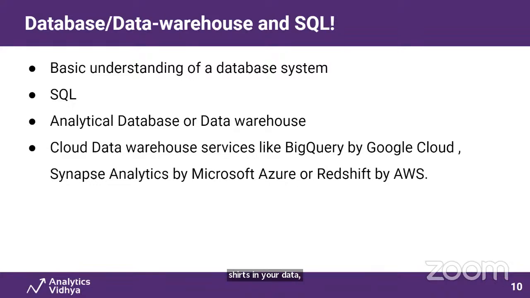You will sum up those two shirts and store them as one purchase order or one sale order, something like that. So in analytical databases or data warehouses, you store processed or aggregated data. But in data warehouses also, we typically use SQL to query and update data and whatnot, right? So SQL is definitely a must-know skill.